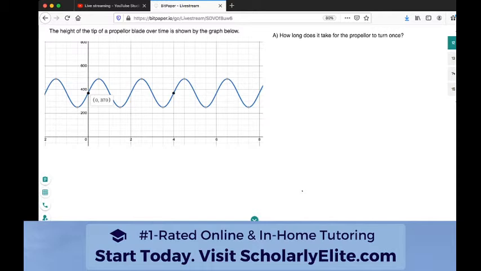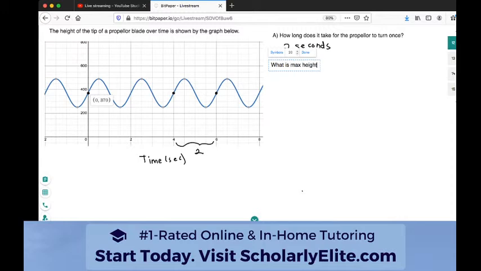And I'm going to look here and see when I get right back to that same spot. And that is, because this is time, I should have said that, time in seconds. So this is 2 seconds away. So we know that that's 2 seconds. And that 2 seconds is also the period of this graph, because that's how long it takes for it to go through one full cycle.